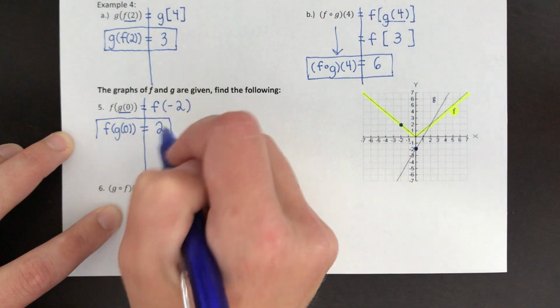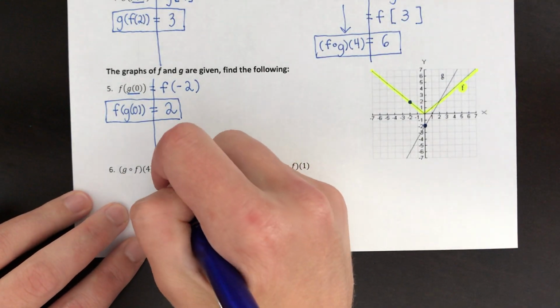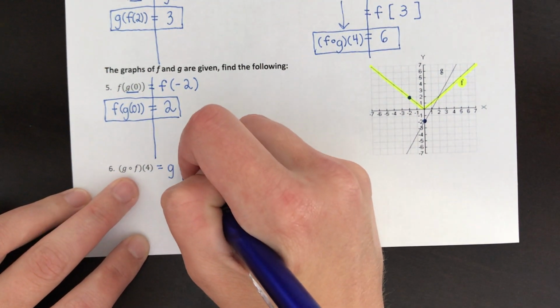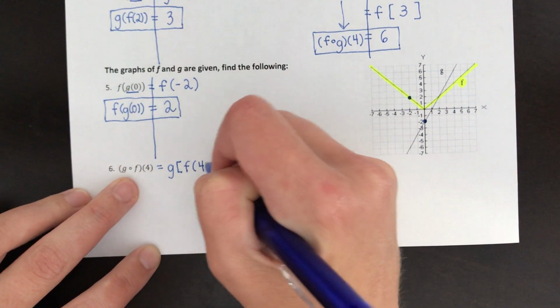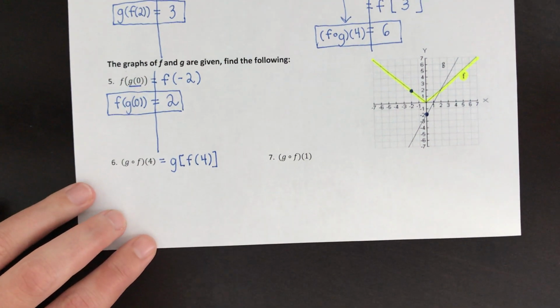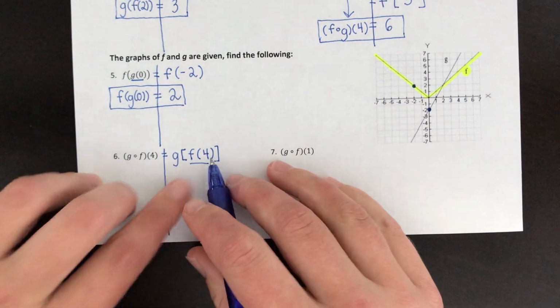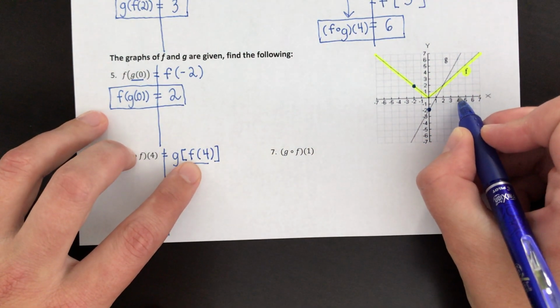All right, let's do one more for practice. Oh, no, I have 2 more, I'm sorry. So this is G composed of F of 4, so G of F of 4, right? G of F of 4, that's what that means. So first find F of 4. Okay, so remember, 4 is the x value, F is the function I want.